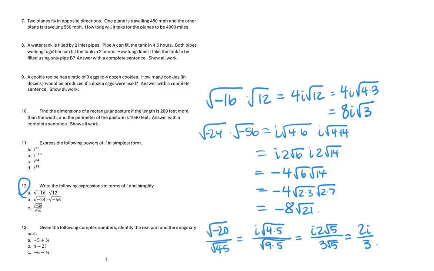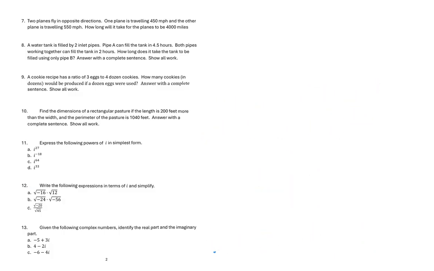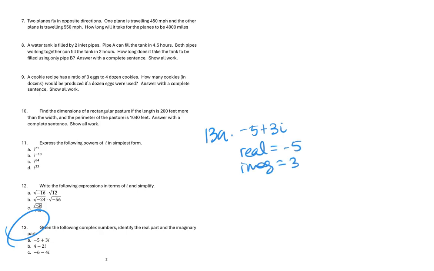Okay, number 13, I want to identify the real part and imaginary part. So for A, it's negative 5 plus 3i. So the real part is negative 5, and the imaginary part is 3.